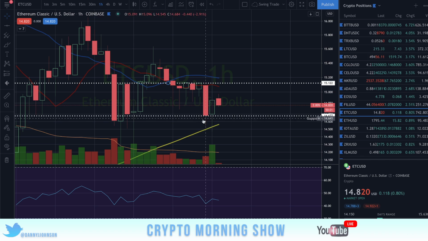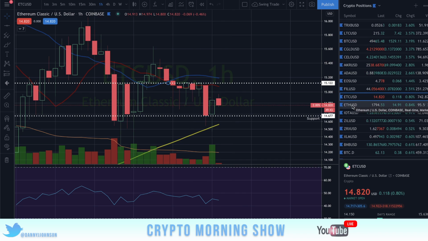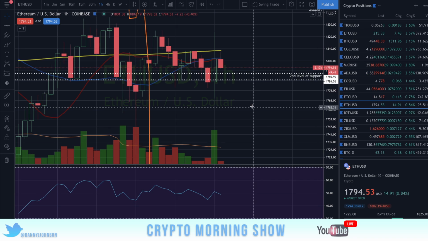We did head down slightly, almost touched the 100-day. And then we're going to come up to challenge $15.12 resistance. We'll also have to push through the 12 and the 26-day moving average for upside potential. Moving on to Ethereum.